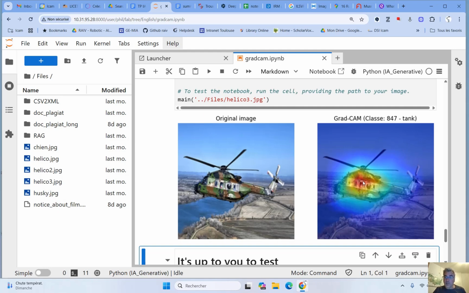So maybe the algorithm should have focused mainly on this pixel instead of this one, because for this one, yes, it can be a tank, which has the painting of a tank. So with this tool, we can guess why the model sometimes fails.